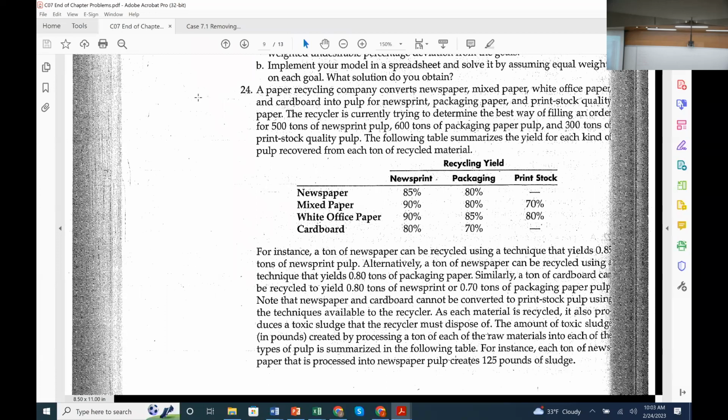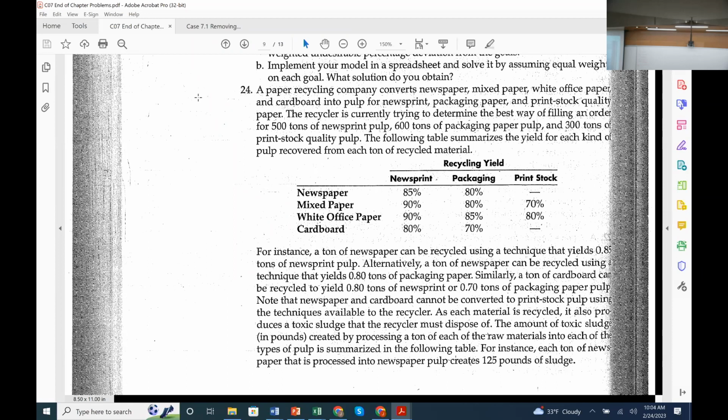The twist relative to things we've done in the past is if I use 1 ton of newspaper to make newsprint, I don't make 1 ton of newsprint. I only make 0.85 tons of newsprint because there's loss. So when we have the equation that says we have to produce, say, 500 tons of newsprint, it's not going to be X11 plus X21 plus X31 plus X41 greater than or equal to 500.